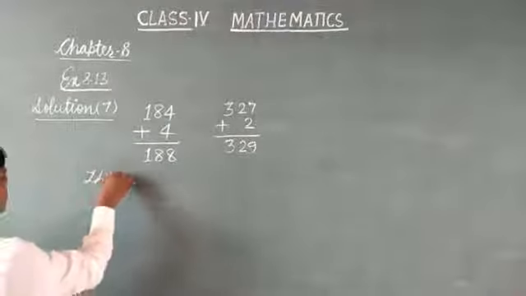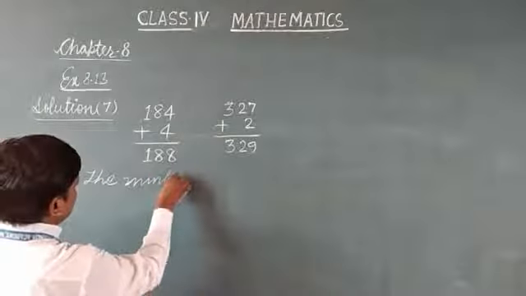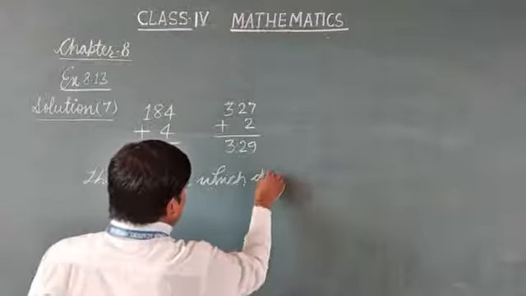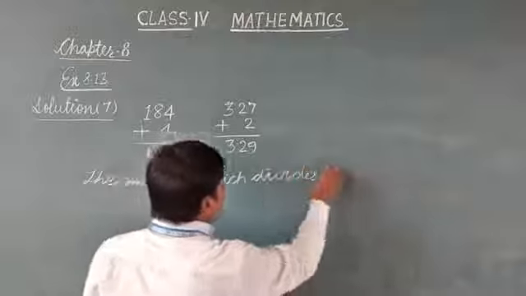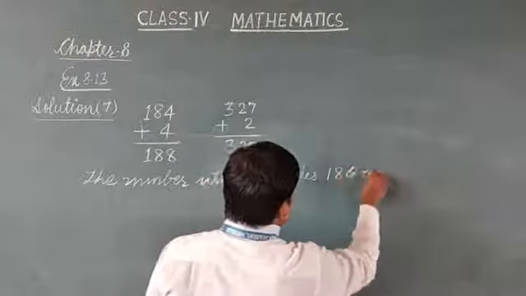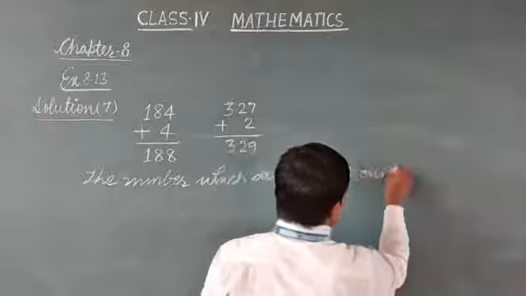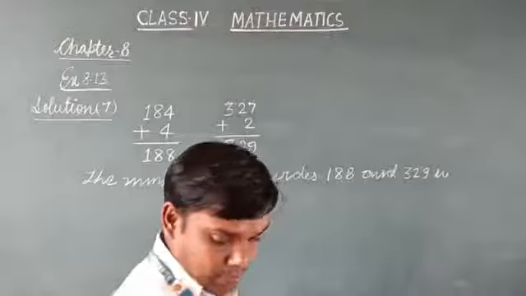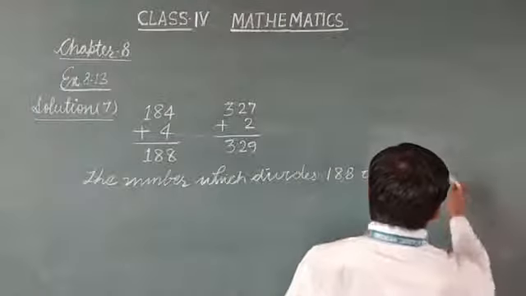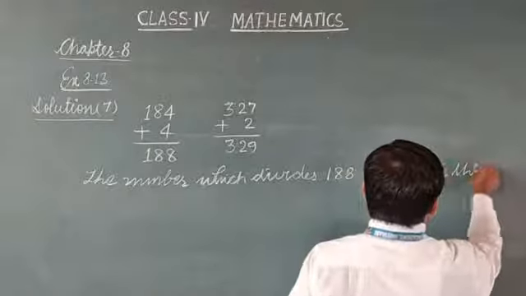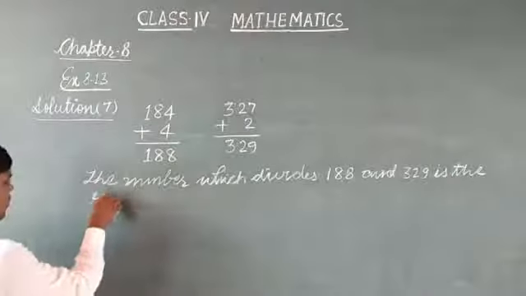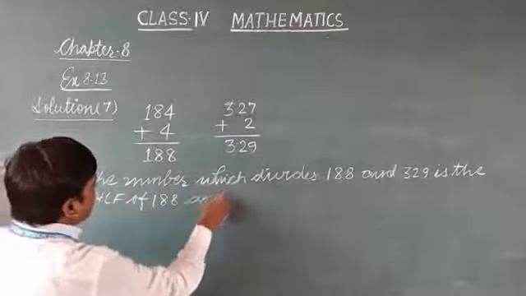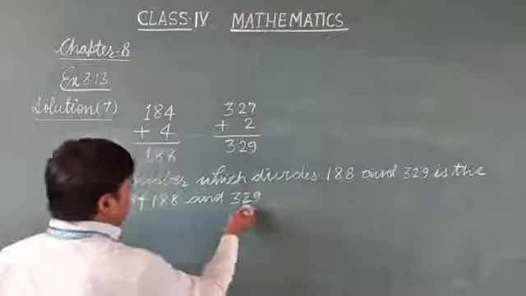So the number which divides 188 and 329 is the HCF of 188 and 329. Now we find the HCF.